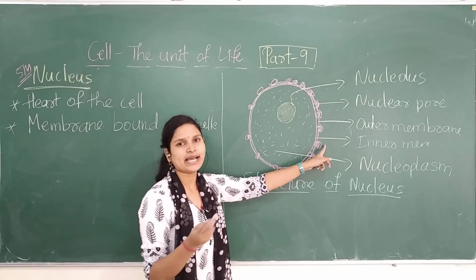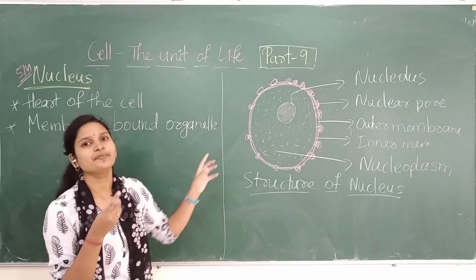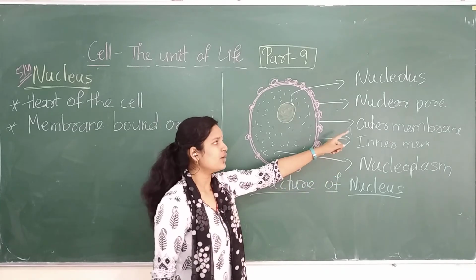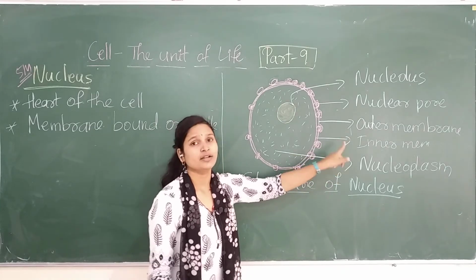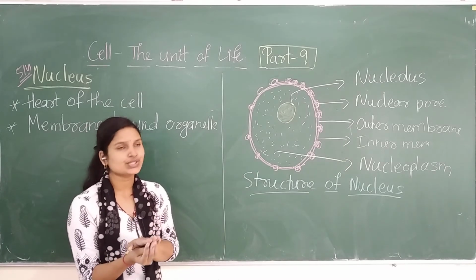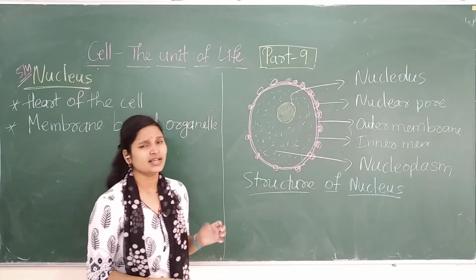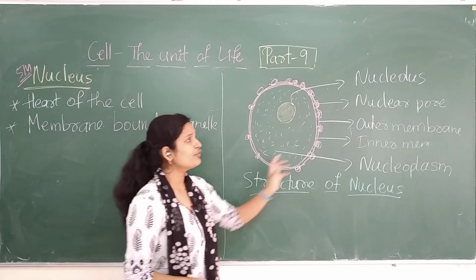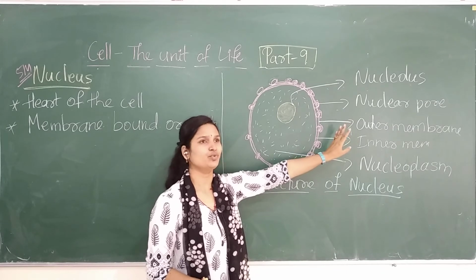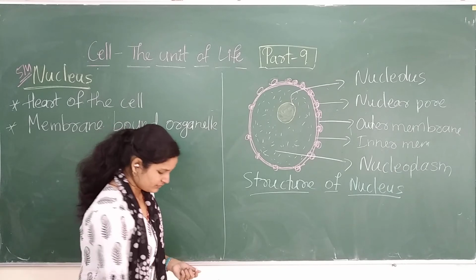There will be a bilayer or bimembrane, which is nothing but a membrane-bound organelle. Bilayer means having two membranes, the outer membrane and the inner membrane. These outer and inner membranes are fused and form the nuclear pore. At the surface of the nucleus there will be numerous nuclear pores. What is the function of the nuclear pore?